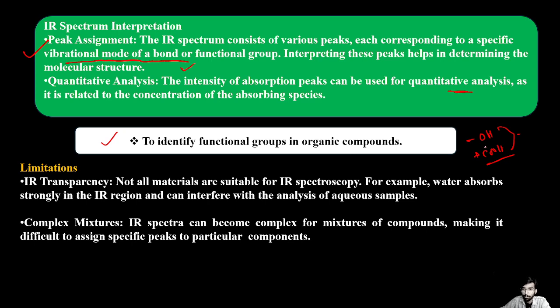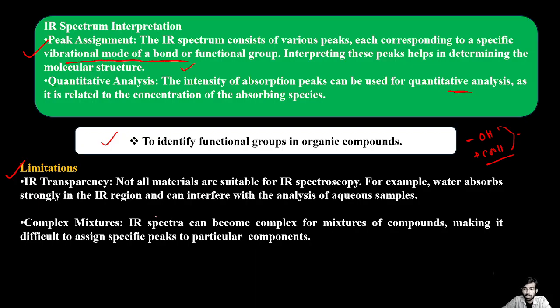You can compare the spectra, and through that you can visualize the progress of a reaction. But the major limitation is IR transparency. Not all materials are suitable for IR, like water. It strongly absorbs in the IR region, and if some molecules strongly absorb IR, that will interfere with your analysis, right?